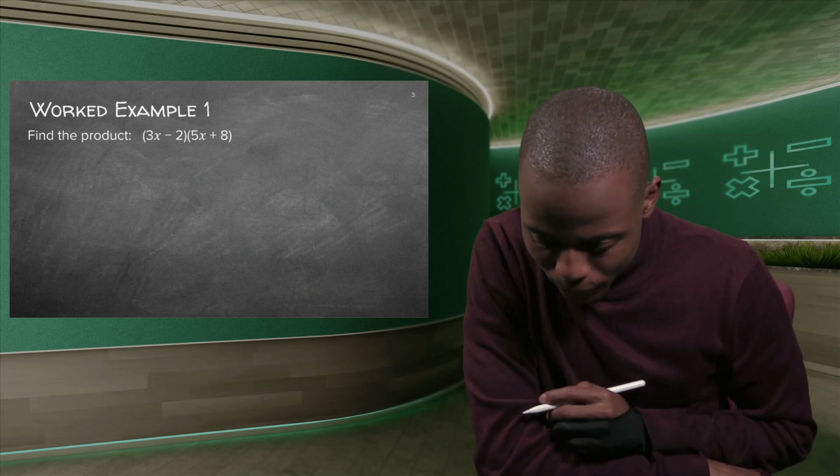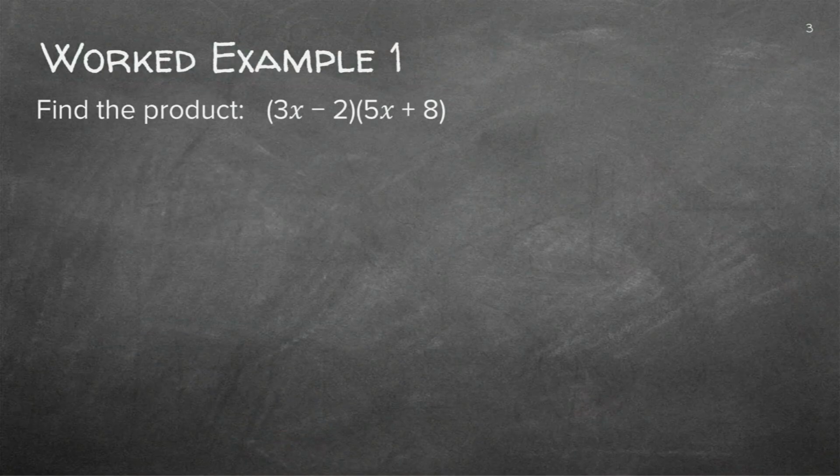I have prepared for you a binomial that I need to multiply with another binomial. Let me just write the question for you. I have 3x minus 2 multiplied by 5x plus 8.